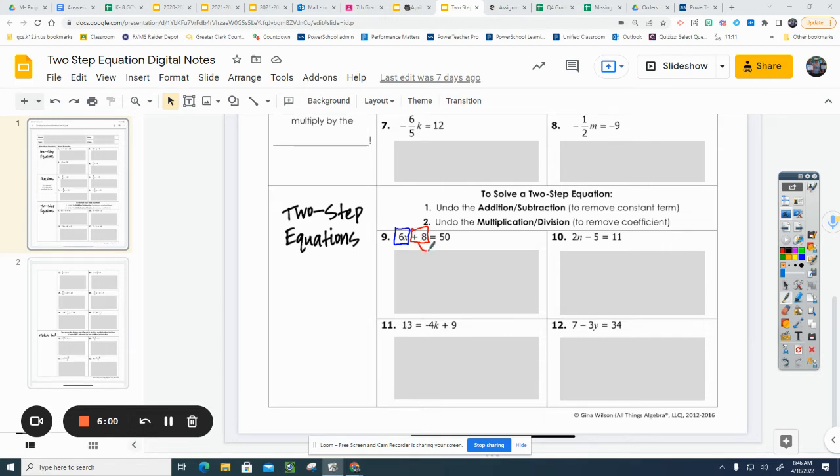So we're going to move this first by subtracting. Then you're left with 6x equals 42. And now my last step is to move the 6 with division. So x will then equal 7.